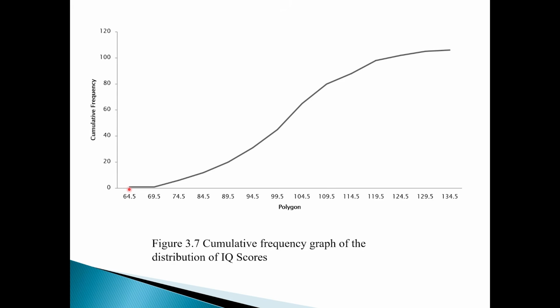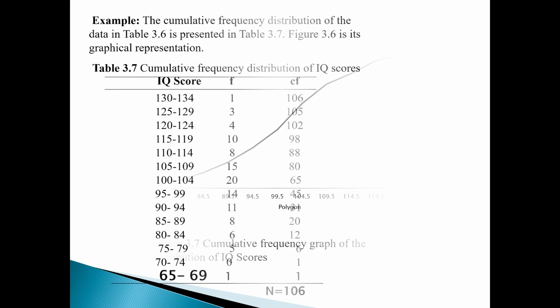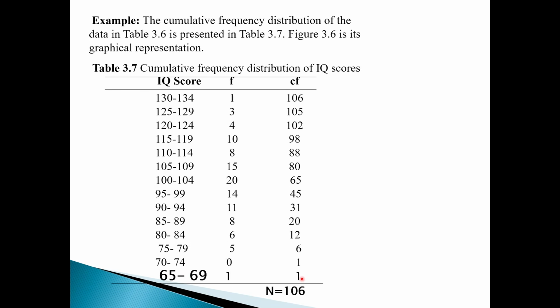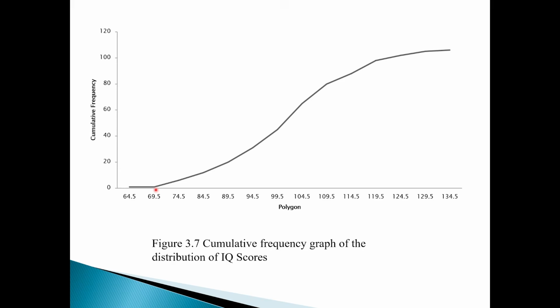For 64.5, that's 1, right? This is 1. For 70 to 74, that's 1 again. So you should do 1 again. And then this is 6, right? So this is 6, 12, 20, and so on.